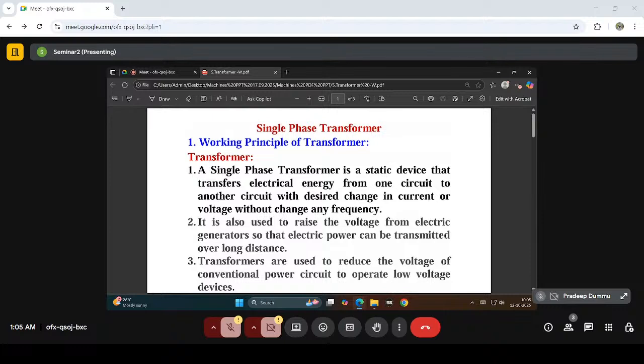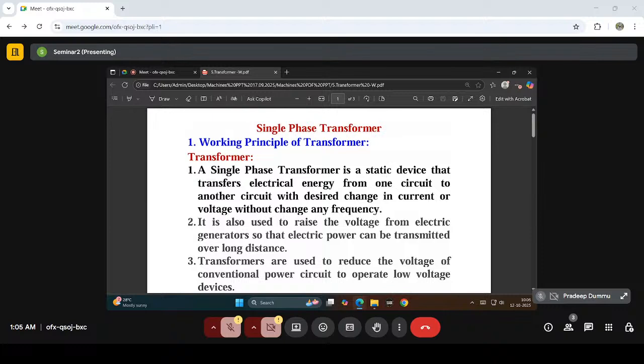We get the voltage; the output is voltage. We get the voltage without rotating parts, called stationary parts, called a static device. A transformer is a static device that transfers electrical energy from one circuit to another circuit with the desired change in current or voltage without change in frequency. We should not change the frequency: input and output frequency should both be 50 hertz.